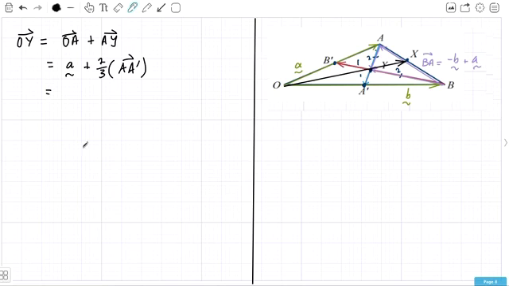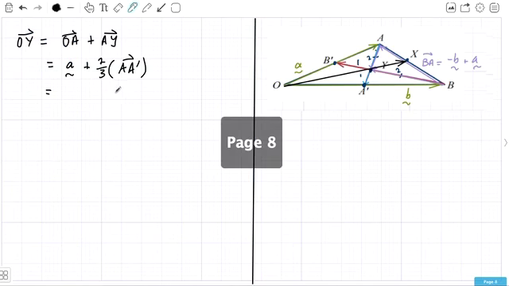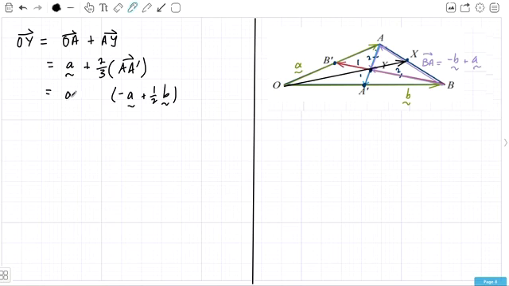And we also know A to A dash because we were able to give that in this form here. So A to A dash was negative A plus a half B. So that's O to Y.